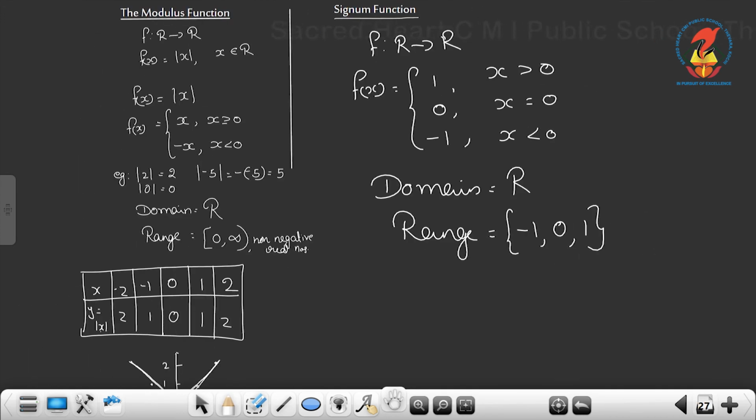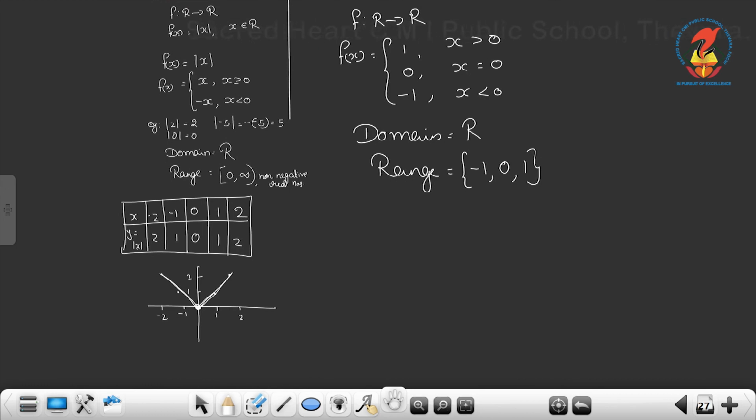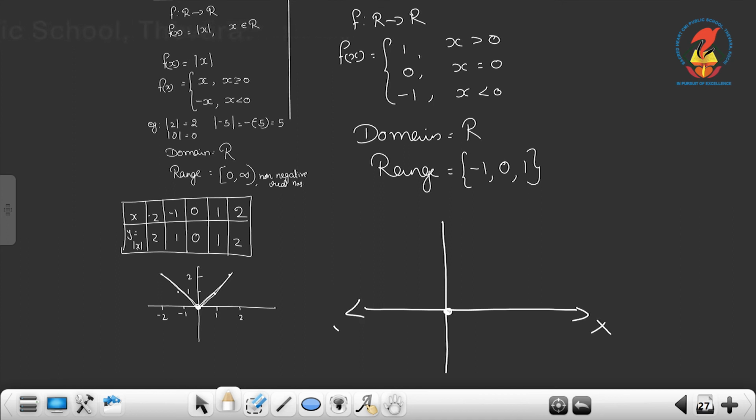And what about the graph? When x is 0, mark 0 like this, and x is greater than 0, this is the x-axis, y-axis. x greater than 0 means this right hand side. So when x is greater than 0, f of x is 1, f of x we can denote as y.